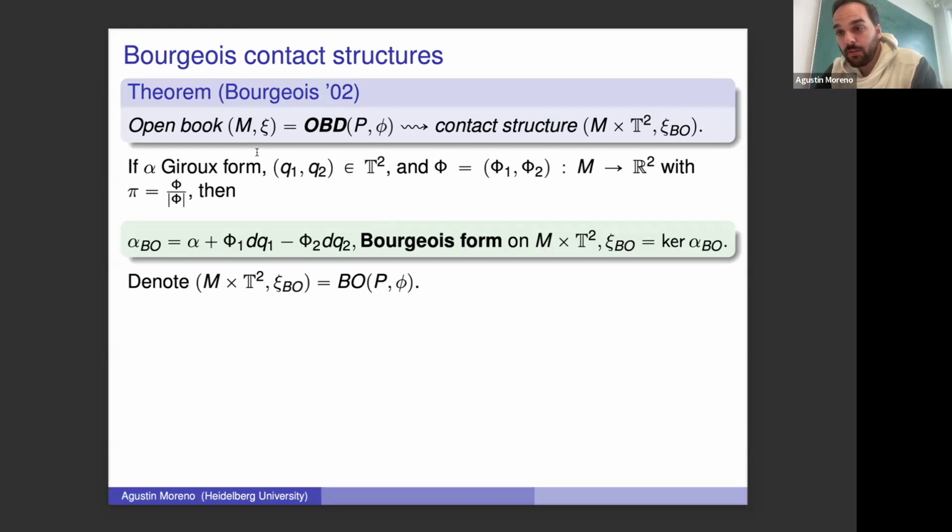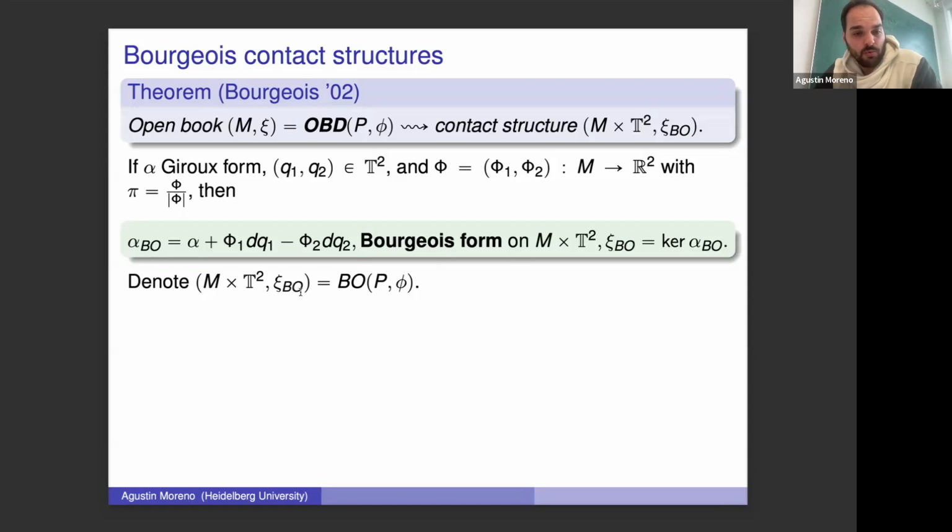Every open book can be described in this way. If you start with this data, then you write down this one-form: you take alpha plus this linear combination with the components of the defining map. And this is actually a contact form for a contact structure on the product with T2. So this is what I would call a Bourgeois form on M times T2. Okay, so fairly straightforward construction.